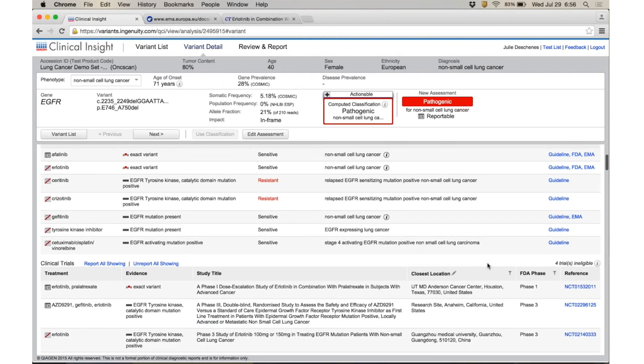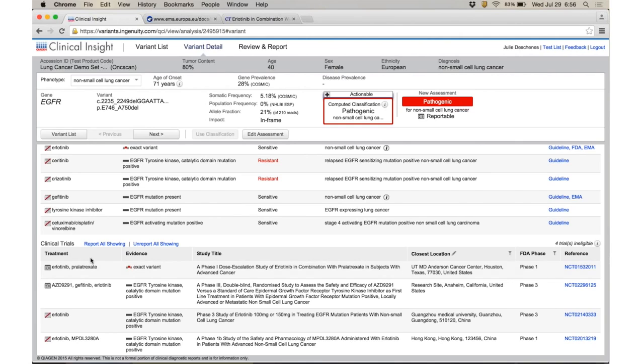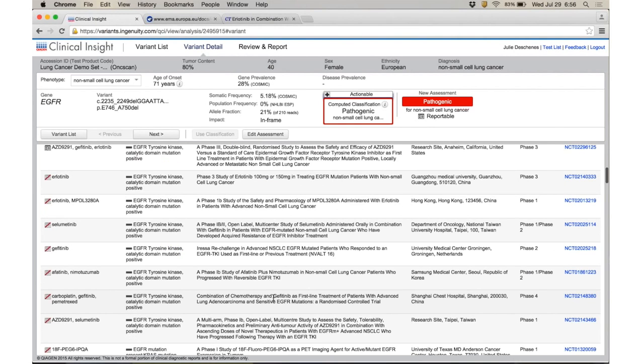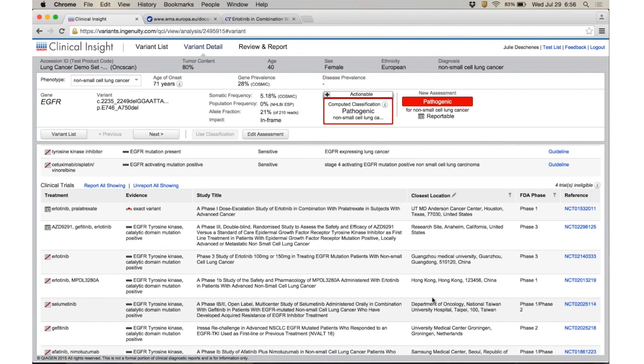With regards to the clinical trial, this is a similar idea. Now we are looking at all the different clinical trials. We can see a much longer list of clinical trials for EGFR. And when you are faced by a list like that, you may decide that you do not want to report clinical trials that are in phase 1 or phase 2, but you may want to report phase 3 and phase 4.